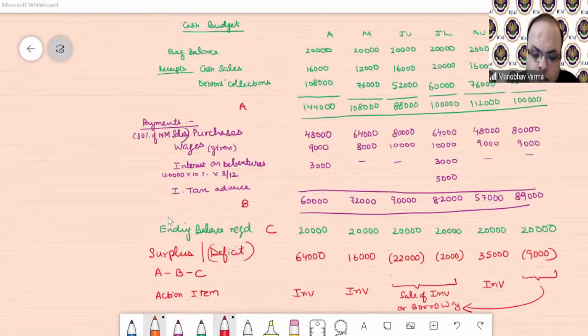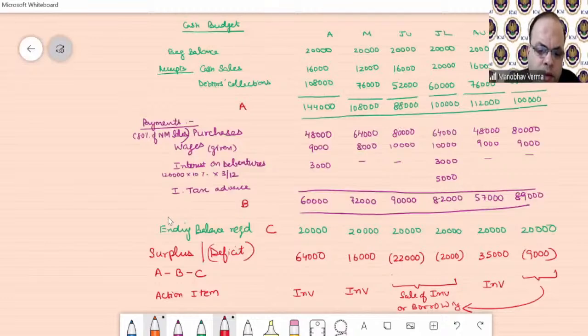Pooja, which one are you talking about? Saurabh says, please check April. Okay, what's happening in April? I think that's okay, right? I don't see there is a calculation error at least here. I think this is okay.